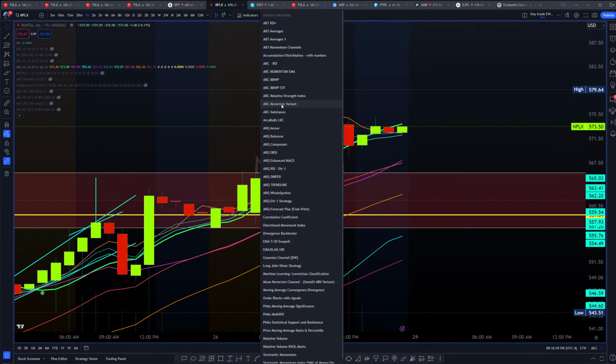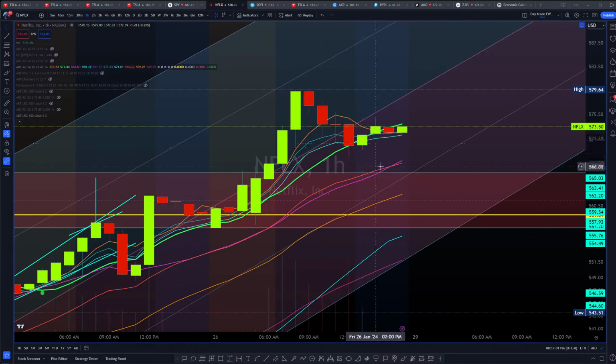But here it is. Post hours did come up and test its linear regression top. This may actually experience another resistance top, anywhere between 574 to about 575, and then have a continuation to the downside.